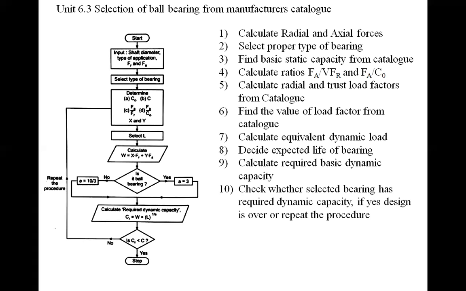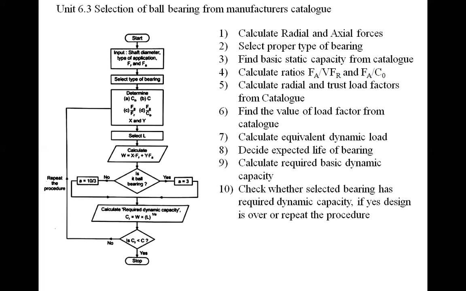Once you select the bearing, we can find the basic static capacity and basic dynamic capacity from the catalog. Now, once we know that basic capacity, we can find FA by V into FR and FA by C0 ratio, because these ratios are important to find the other factors.